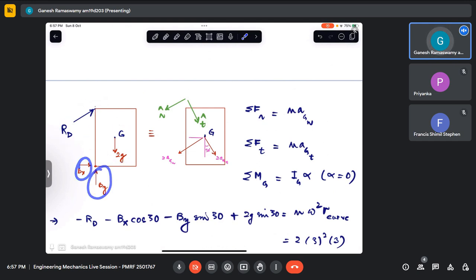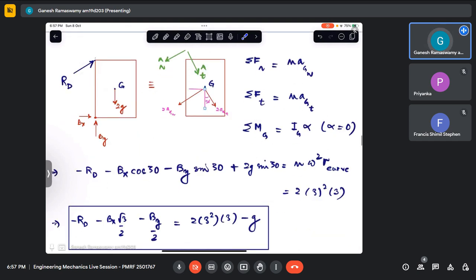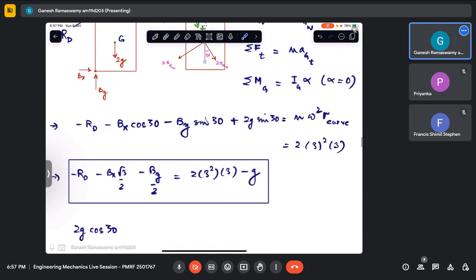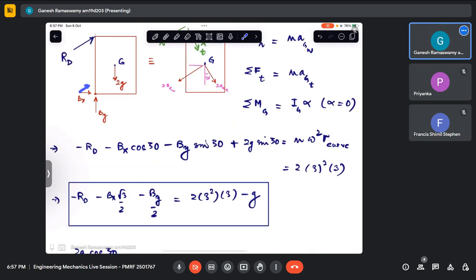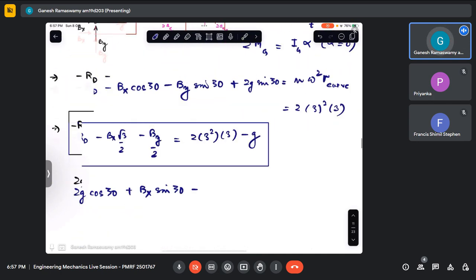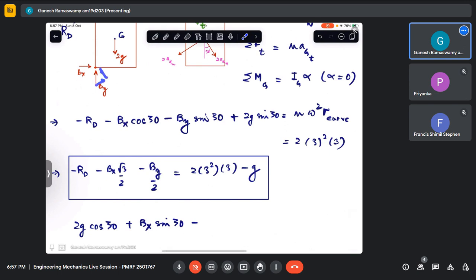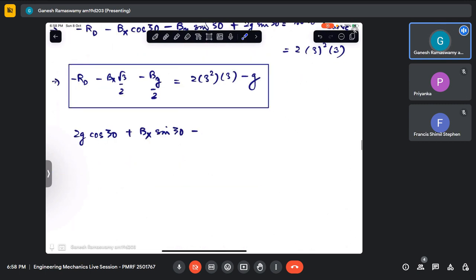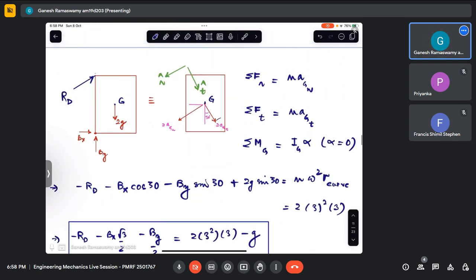For Bx and By, I can write Bx will also have a positive component, which will be sin 30. So Bx sin 30. And then this will be having an opposite component. So it will be like that. So this will be cos 30. So it will be By cos 30 equals m a_g_t.